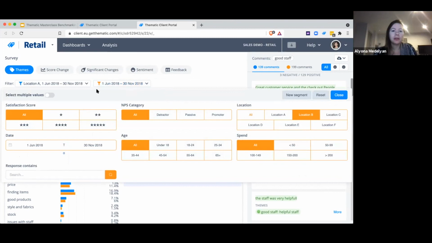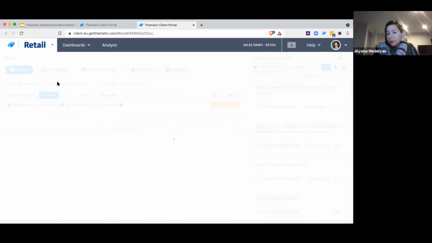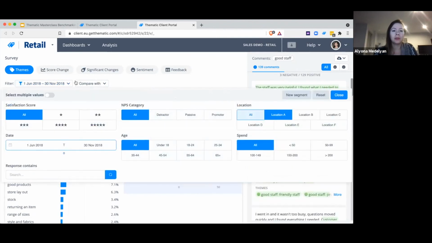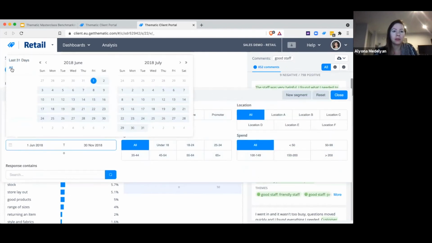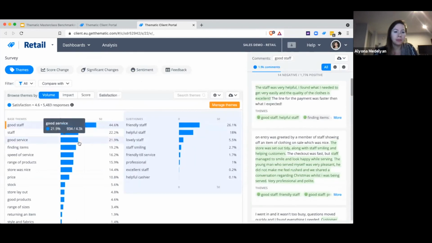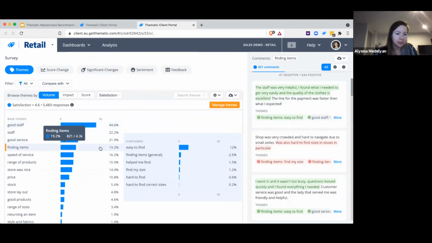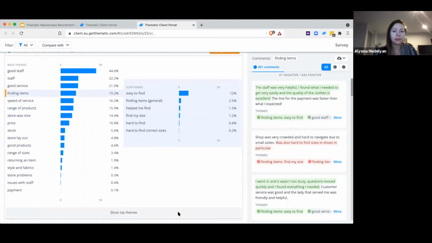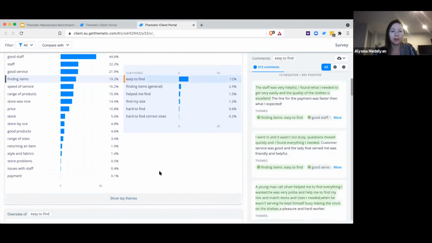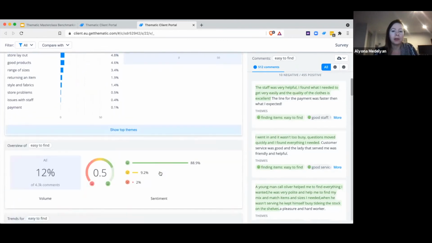And another thing you can do, as I mentioned, is looking at any particular attribute. Let's even take all of the data, and finding items. If people can find the items easily, they can then buy them. So it's quite an important attribute, top 4, from the perspective of the customers.